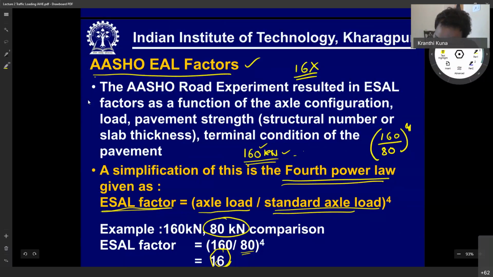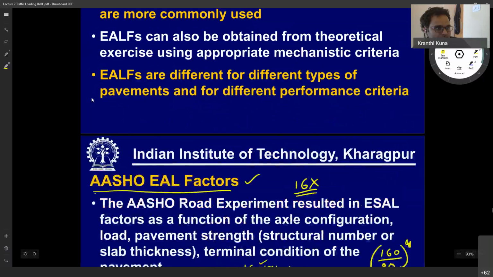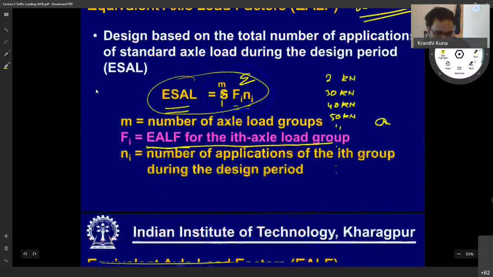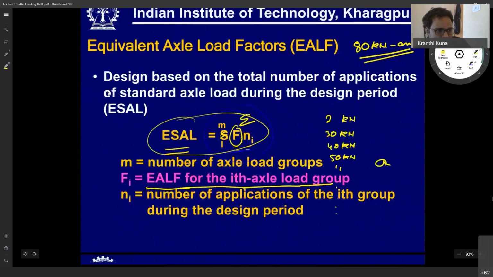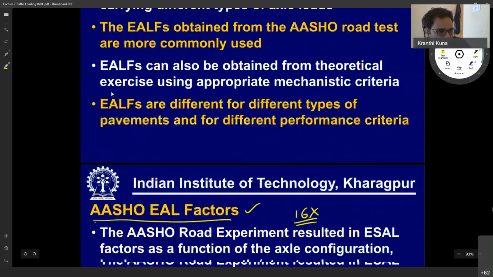So that is what the equivalent axle load factor is. For simplification we also call it the damage factor. So that is what these FIs are, and this is how we define them.